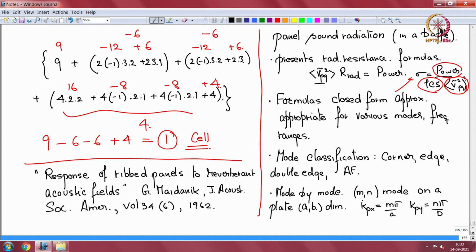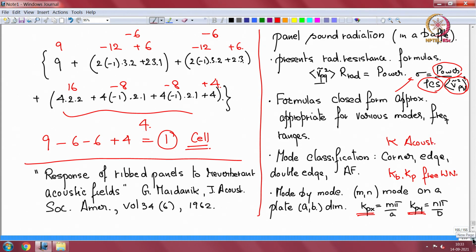So these are the modal wave numbers. You should now distinguish modal wave numbers as opposed to kp or kb, which is the free plate wave number, and k, which is the acoustic wave number. You should know these by now.